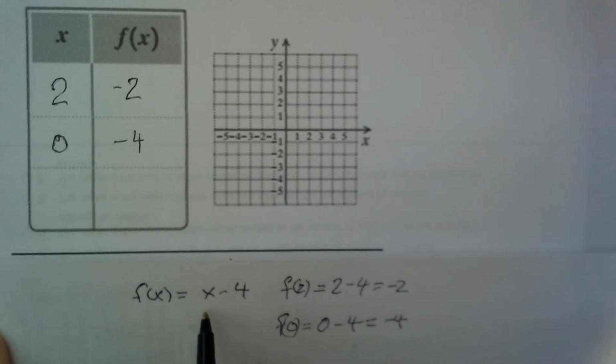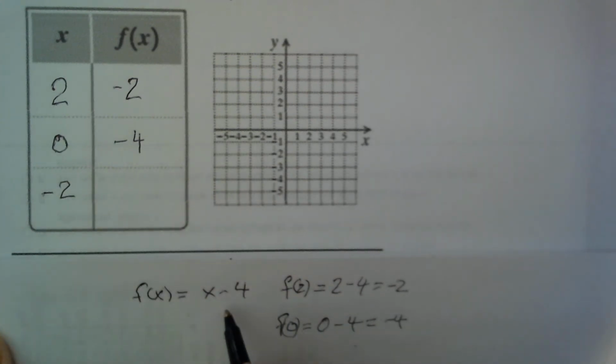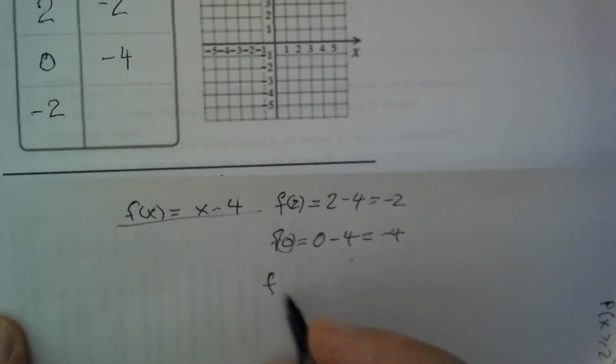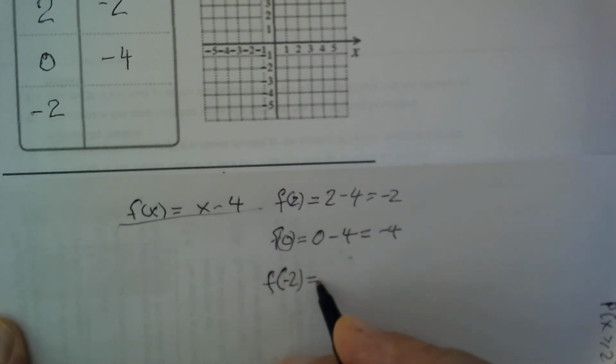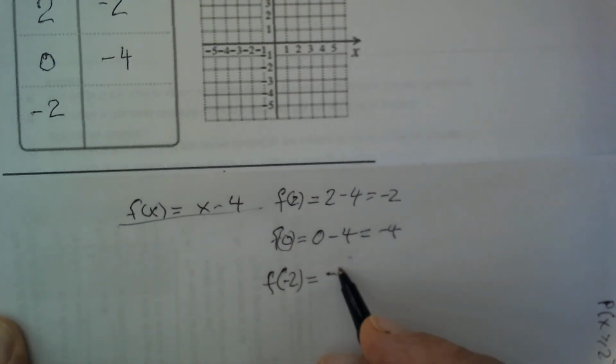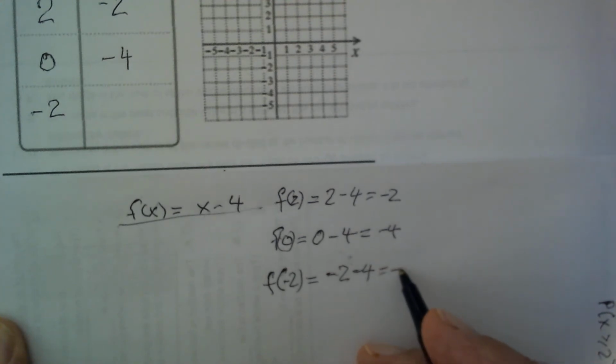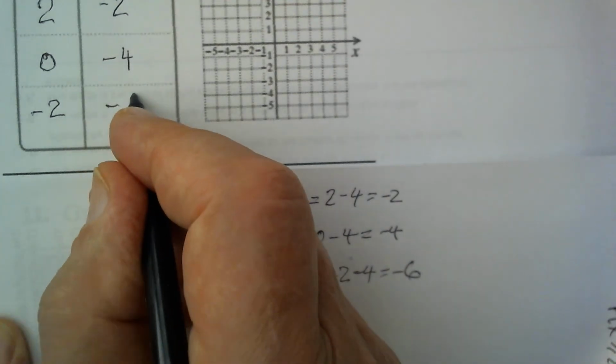And let's say x equals minus 2, we could use minus 2. So we replace x with minus 2, so f of minus 2 would be negative 2 minus 4, and that's minus 6.